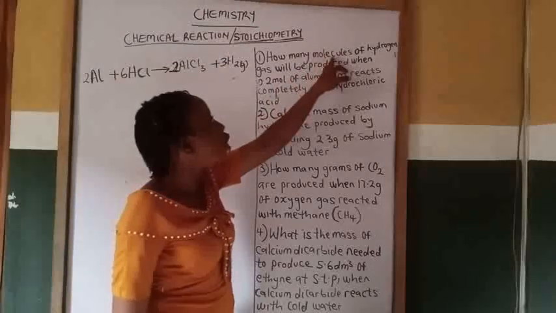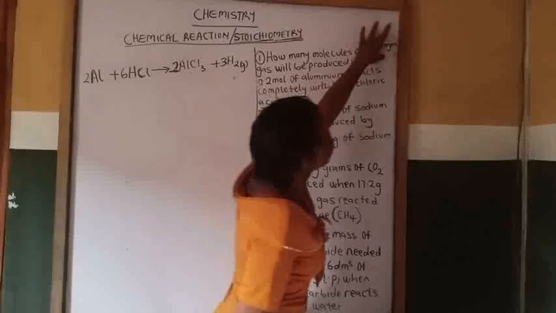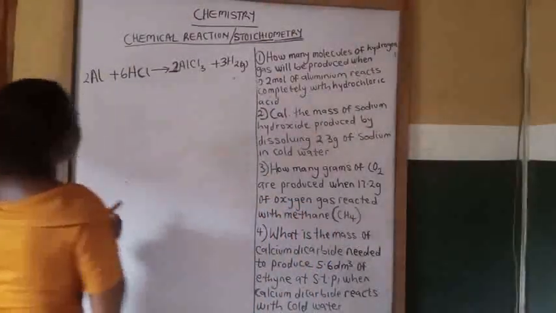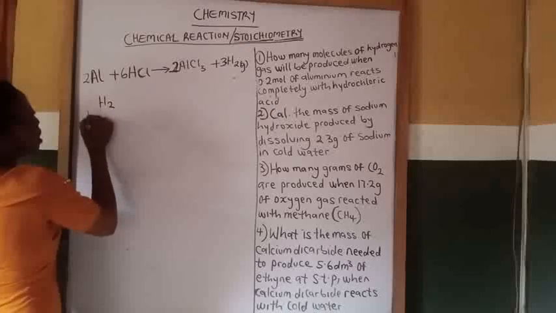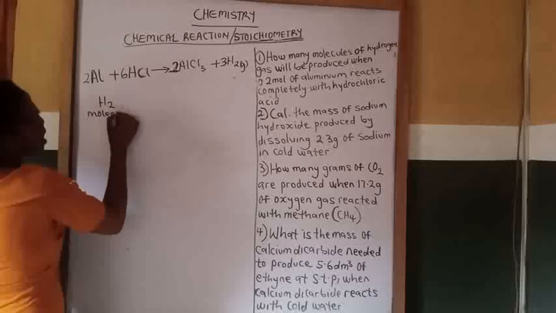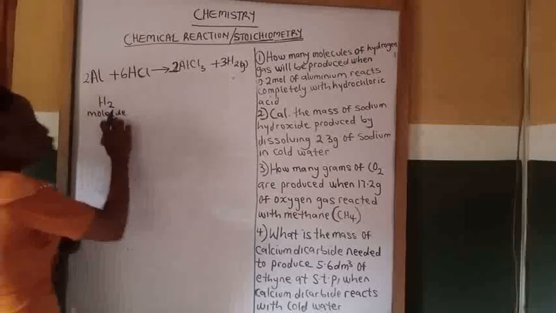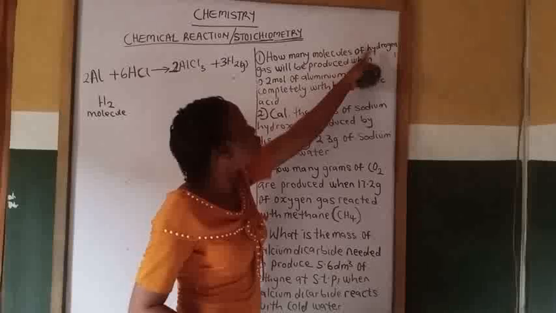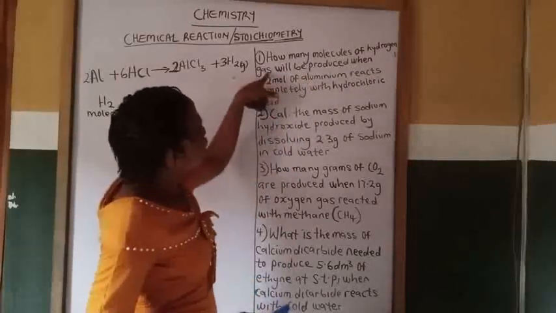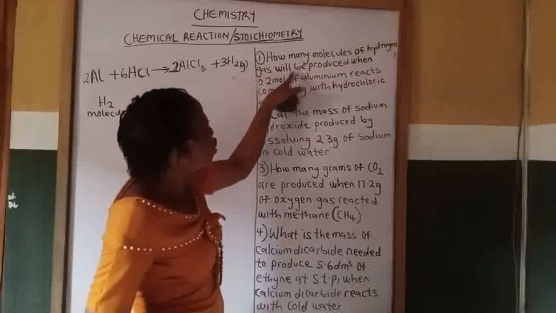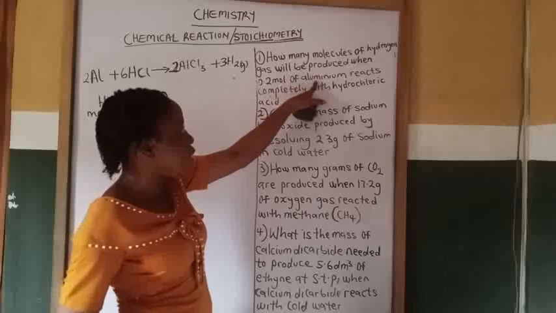How many molecules of hydrogen gas will be produced when there is 0.2 mole of aluminium? We need hydrogen gas, and we are looking for the number of molecules of hydrogen, so hydrogen will be converted to molecules.